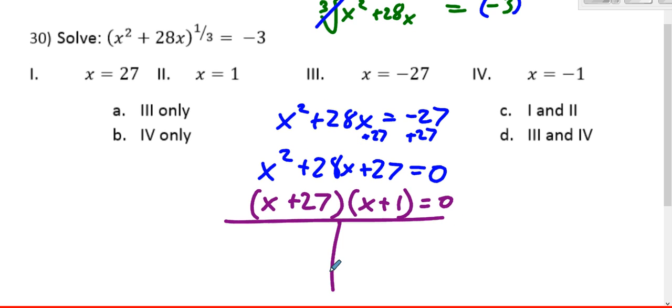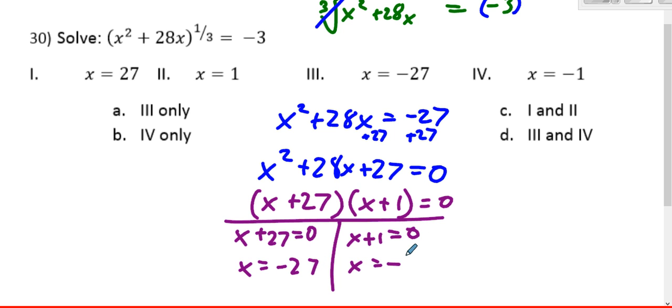So when you solve that, you set each factor to 0. You get x equals negative 27 and x equals negative 1. And you got to check to see which ones are, if any of them are extraneous.